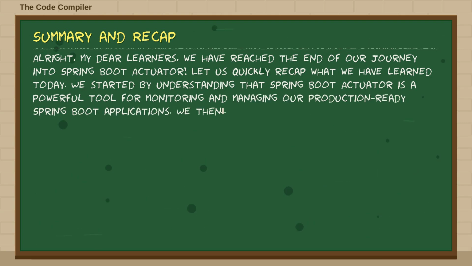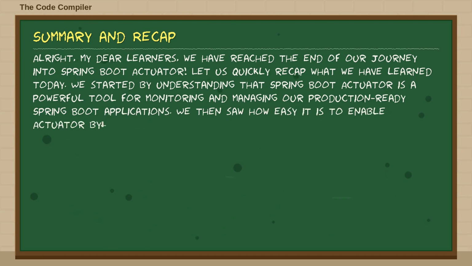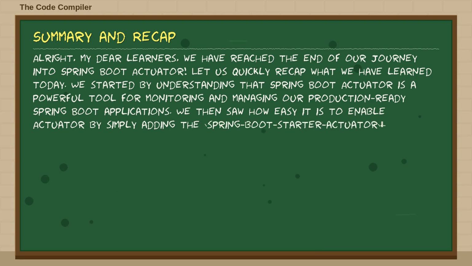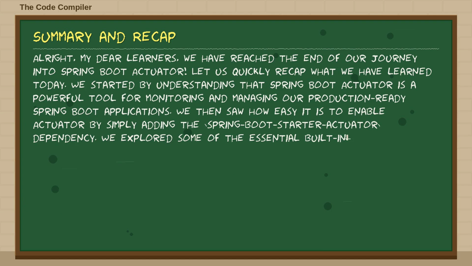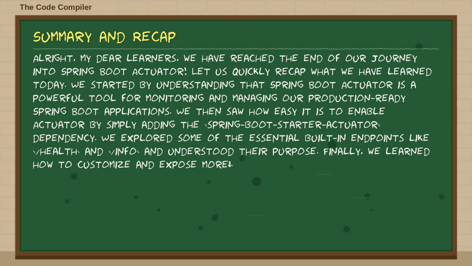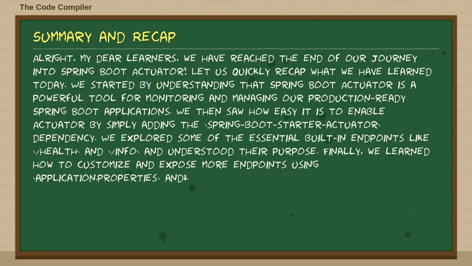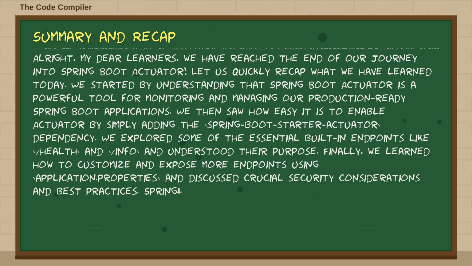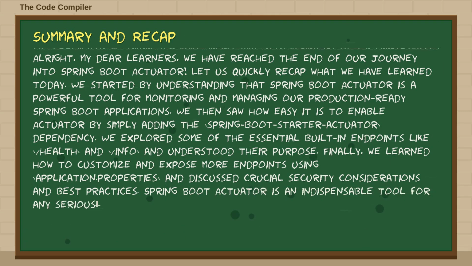We then saw how easy it is to enable Actuator by simply adding the Spring Boot Starter Actuator dependency. We explored some of the essential built-in endpoints like health and info and understood their purpose. Finally, we learned how to customize and expose more endpoints using application.properties and discussed crucial security considerations and best practices.